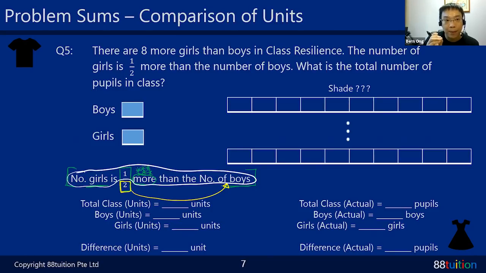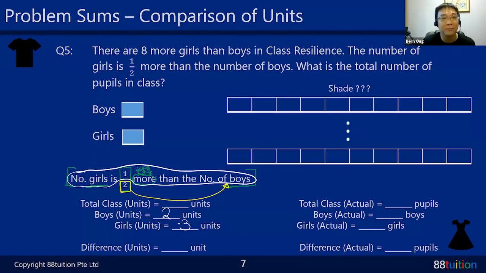You read it as what? Number of girls is 1 more than the number of boys. So if the number of boys is 2 units here, what is the number of girls? Number of girls is 1 more than the number of boys, which is 1 plus 2, which is a 3.